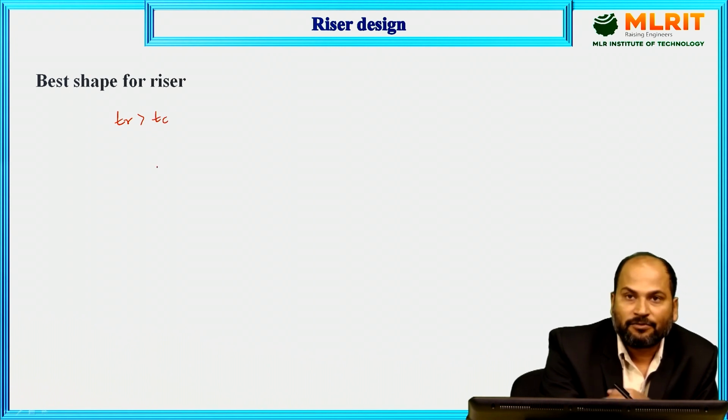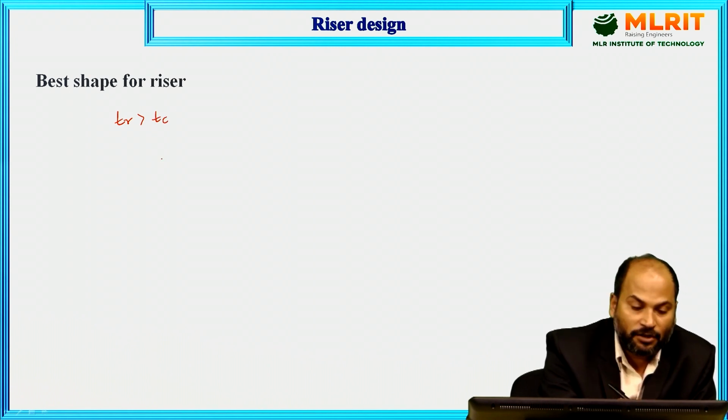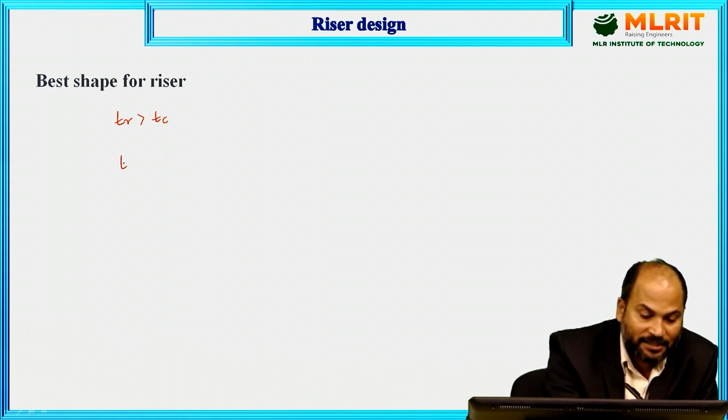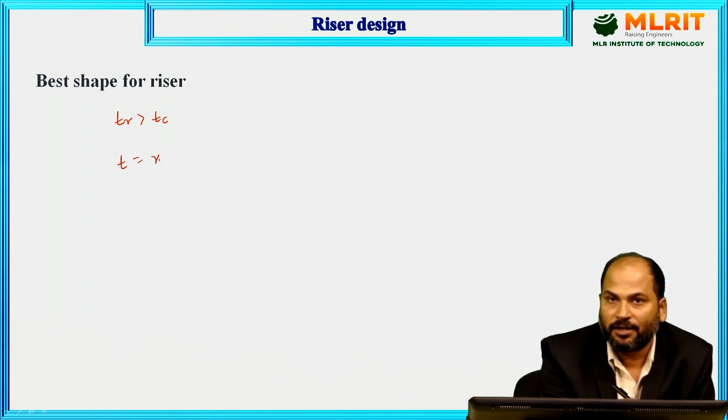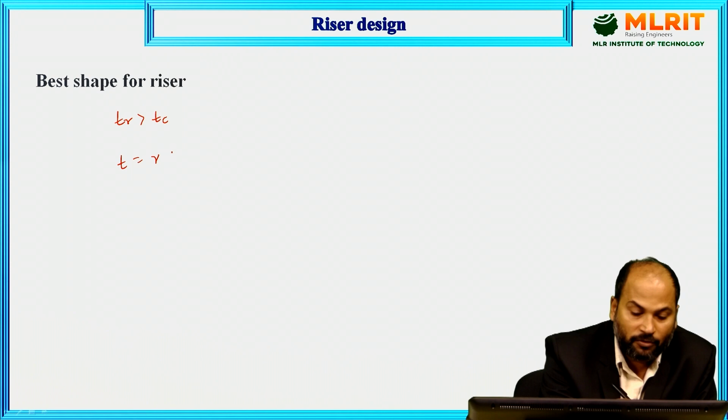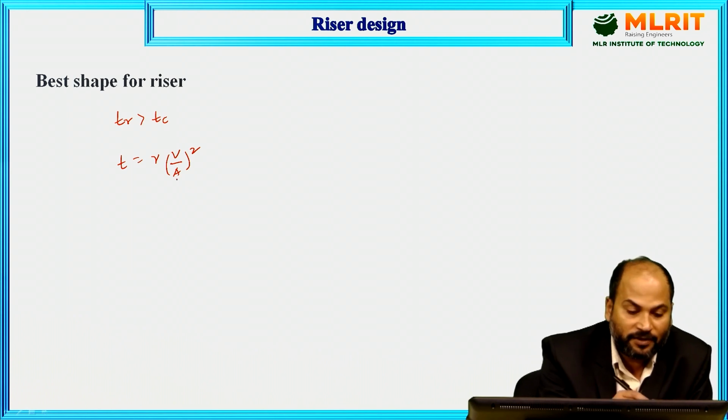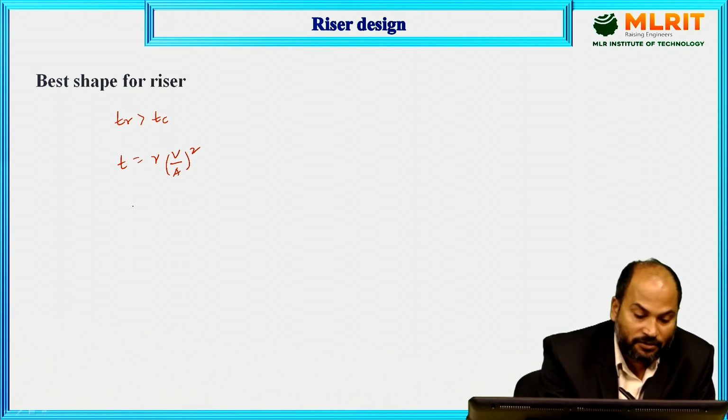We also know the solidification time of a casting can be written as T equals a constant, which depends upon the material that we are going to cast, times the square of volume upon surface area. So for the riser, the solidification time equals gamma times the square of volume upon surface area.